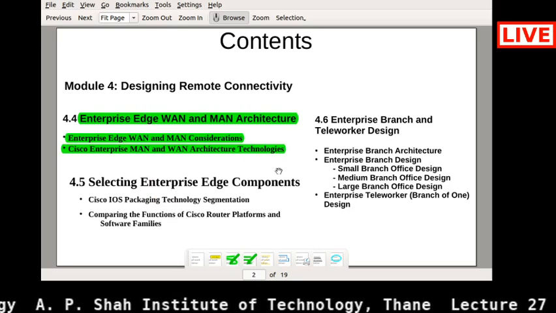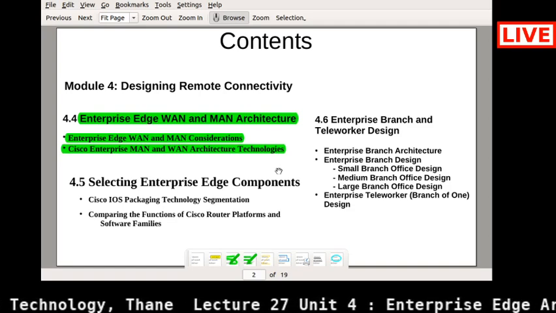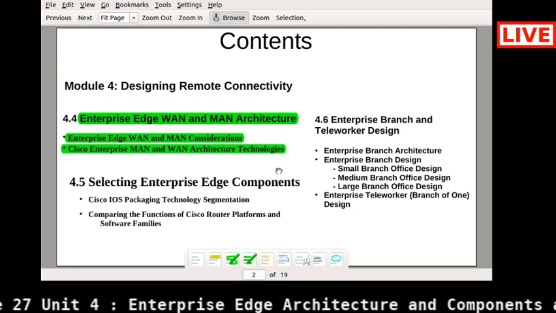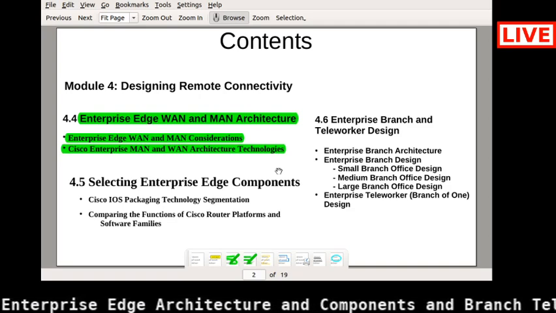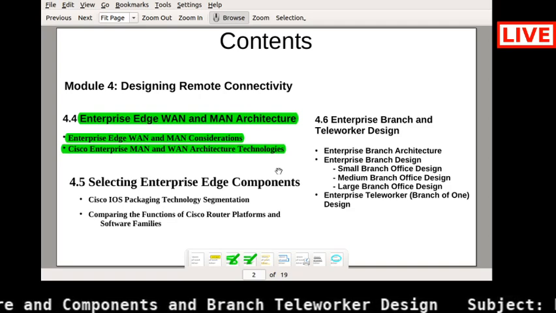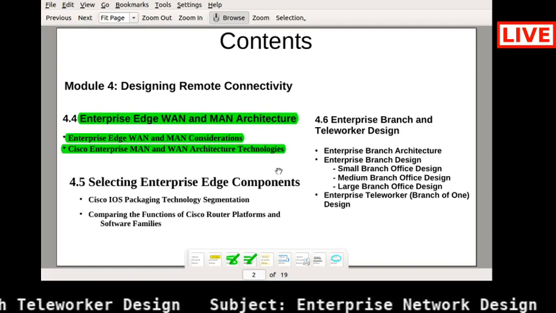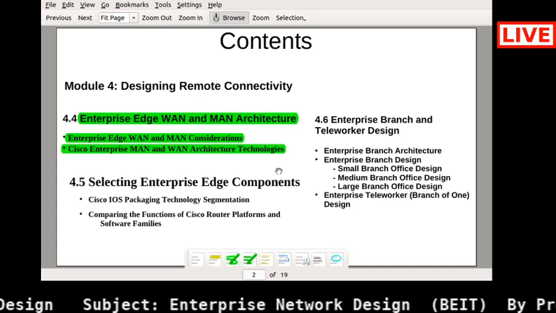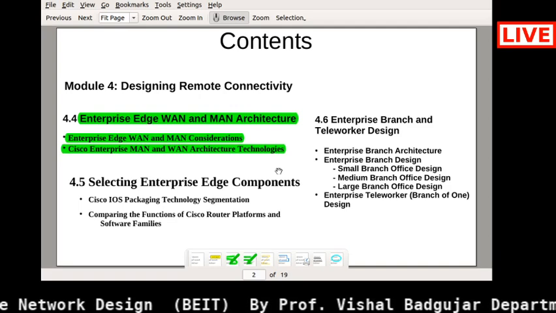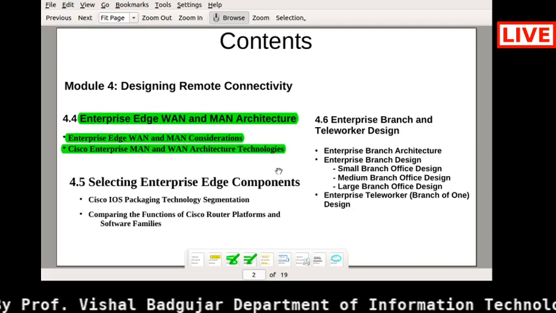We will list out some Cisco enterprise technologies which will help you design the MAN and WAN network, and we will do a comparative analysis of these technologies. In this way it will be very easy for you to select whichever is needed for your organization, depending on its purpose and aim, so you can choose among the various technologies to design the remote connectivity.